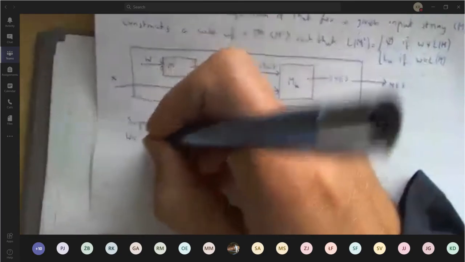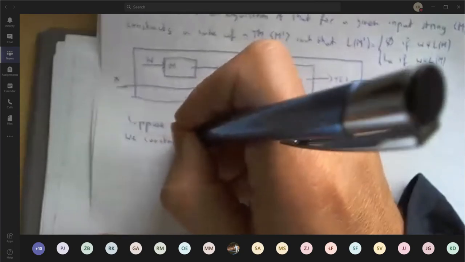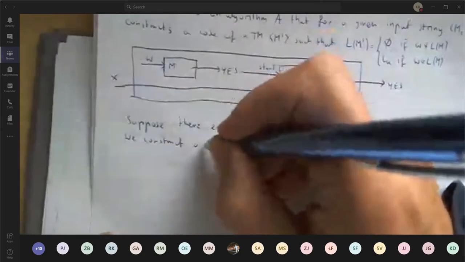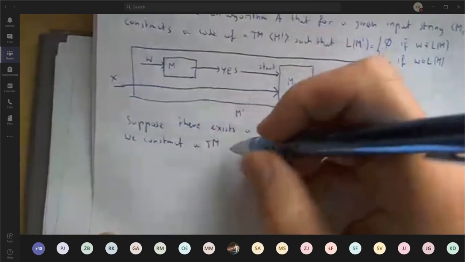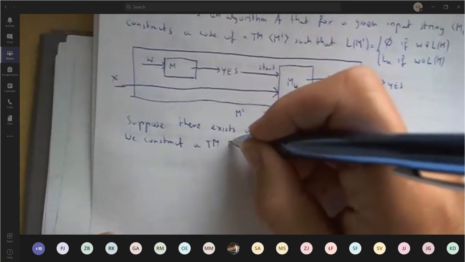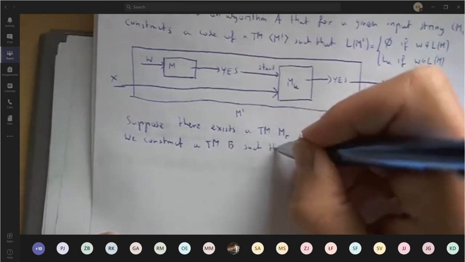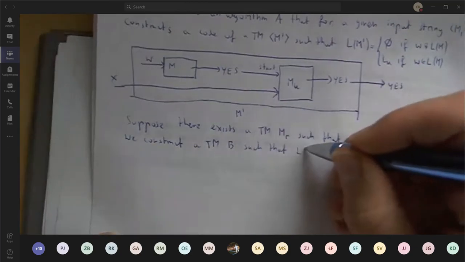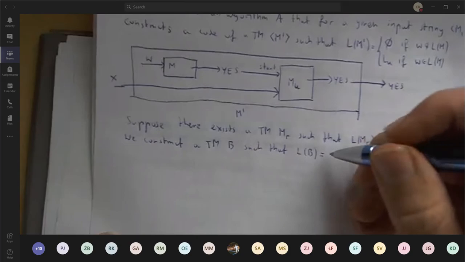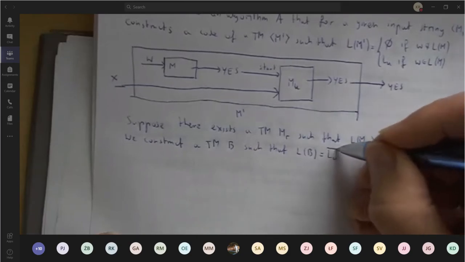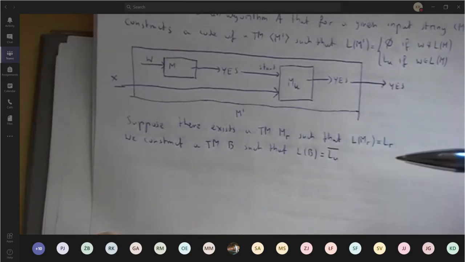Then we will construct a Turing machine B recognizing the complement of the universal language. This is a contradiction because we know that the complement of the universal language is not recursively enumerable.